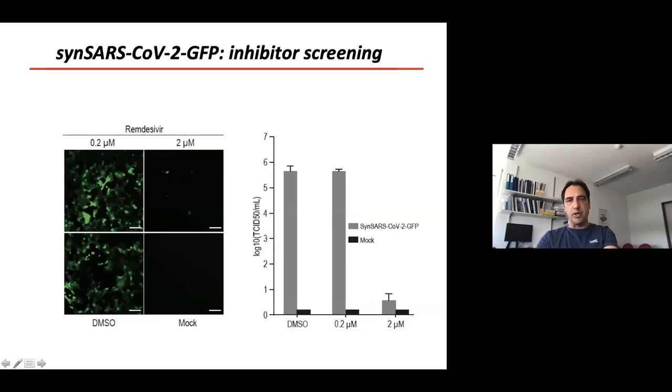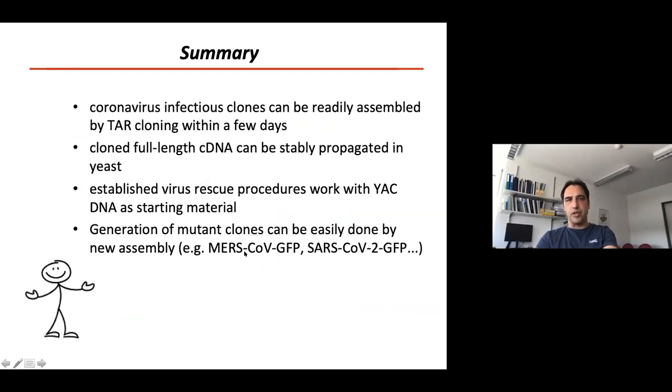Here's one example where we applied remdesivir at low concentrations and higher concentration, and it's a really nice readout, useful for high throughput screening. So with this, I conclude. So the coronavirus infectious clones can be readily assembled with TAR cloning within a few days. They are stable.